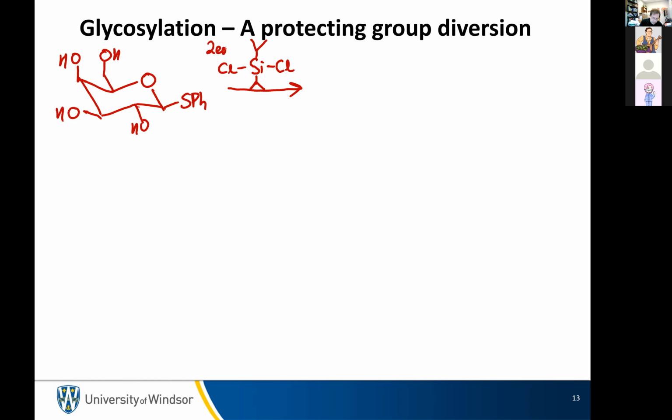I'm going to add 2 equivalents of this, and then 4 equivalents of imidazole. It's going to be a little bit more than that in reality. Dichloromethane, 0 degrees Celsius. So it's kind of like TIPS, except this has only got 2 isopropyl groups, and it's got 2 chlorides.